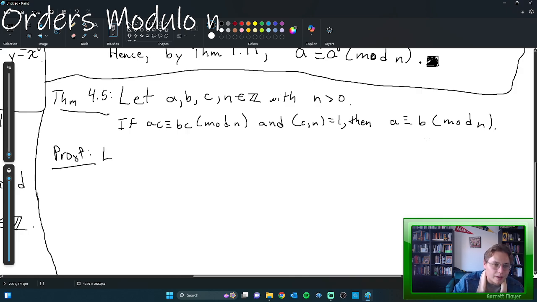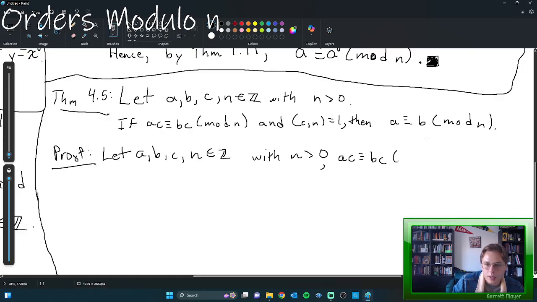Our proof will be: let a, b, c, and n all be integers with n greater than 0. Suppose ac is congruent to bc mod n, and, or no, sorry, that's what we're trying to prove.